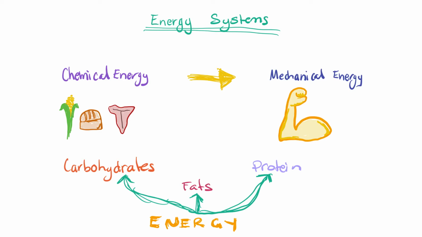The basic process of energy production involves the conversion of chemical energy, which is found in our foods, to mechanical energy in the form of muscular contractions and movement. When we digest this food, the chemical energy, it allows us to produce energy through carbohydrates, fats, and protein. So all three of these things allow us to produce energy.